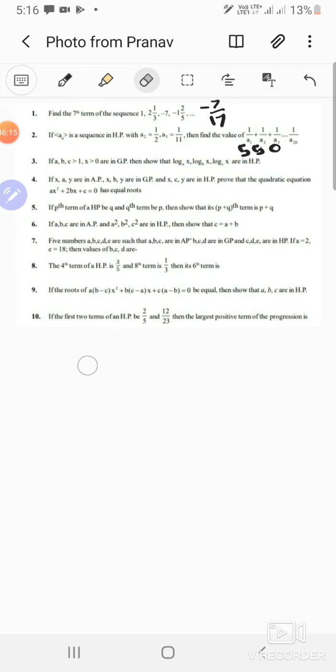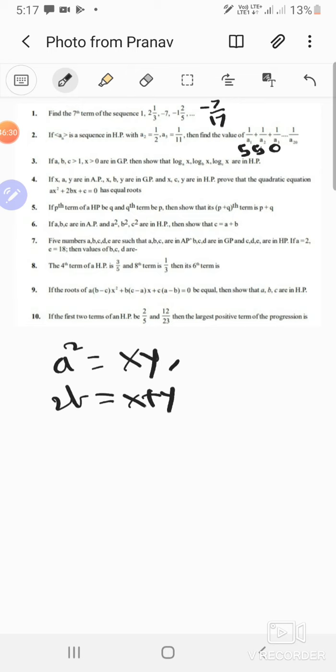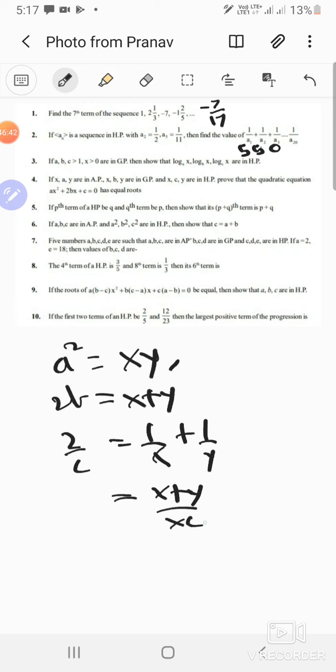Sorry, something went wrong. So these are in the arithmetic progression, which means that a squared is equal to xy. And then you have 2b equals x plus y. And then these are in HP, which means 2 upon c equals 1 upon x plus 1 upon y, which is x plus y upon xy.